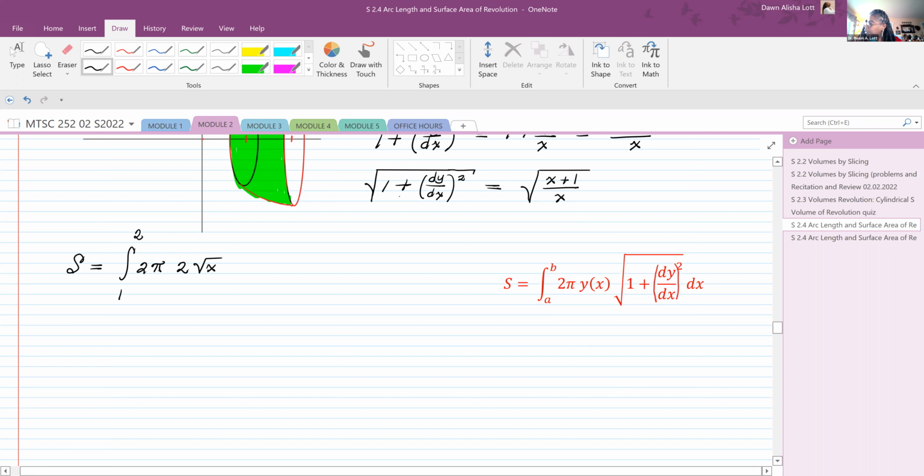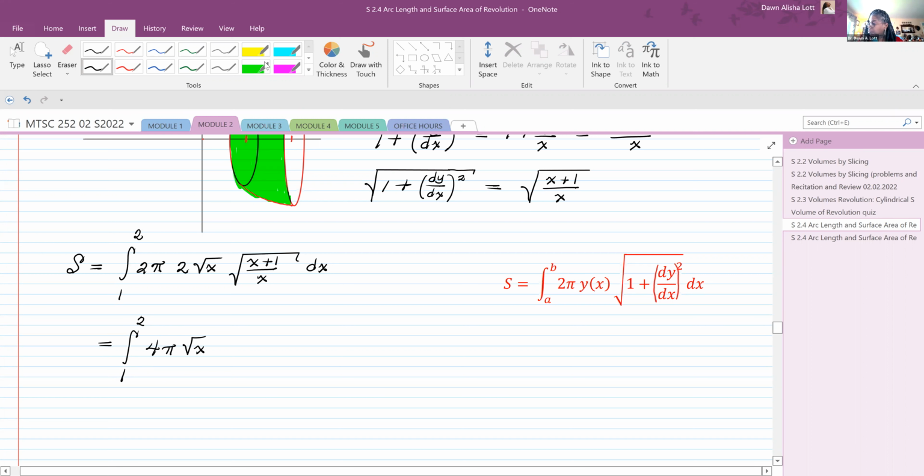And then the square root of that becomes the square root of (x plus 1) divided by x, dx. Well, that's fantastic, because I can use algebra on this and get 2 pi. Oh, I'm going to make it 4 pi. Let's just get that going already. 4 pi, the square root of x.